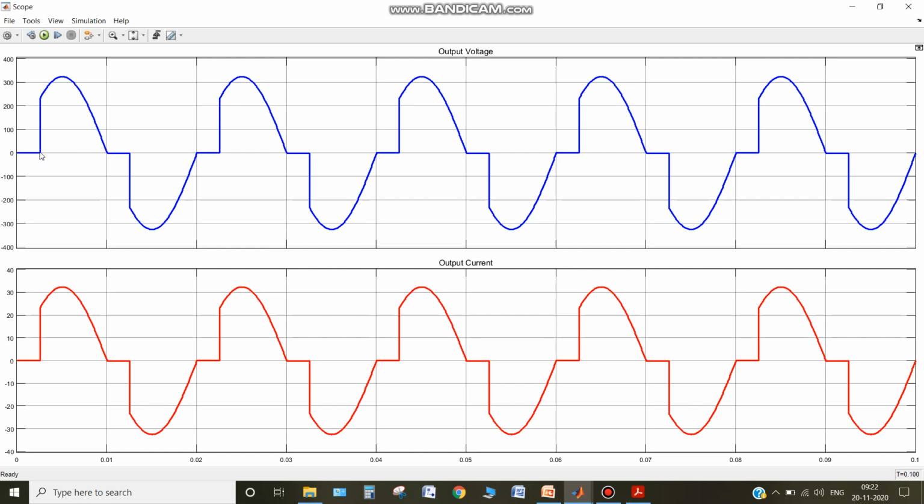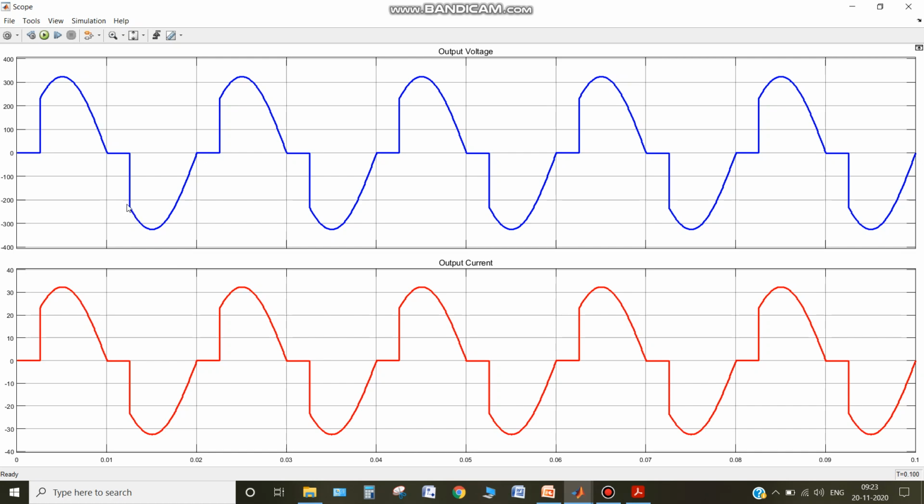Thyristor T1 is triggered at alpha, so the output voltage equals the input voltage. At pi the output voltage becomes 0, because the current also becomes 0 in the case of a resistive load. Then for the negative half cycle, thyristor T2 is triggered at pi plus alpha, so we get the negative portion of the input voltage.